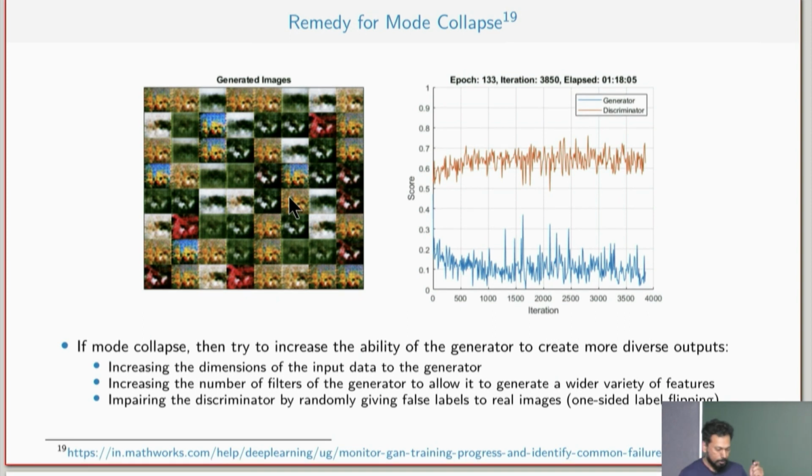The dimensions are so small that it just prefers to learn this, because at the end of the day the generator is trying to make its score better, and given the limited resources, in this case a limited number of weights and conv layers, the best thing it can do is produce multiple copies. So again you may impair the discriminator by giving some false labels to some real images when you're training.